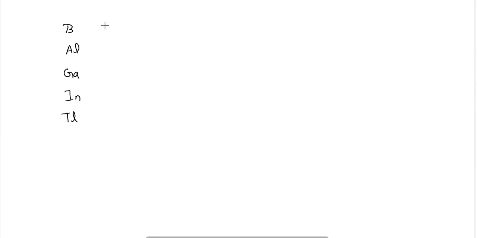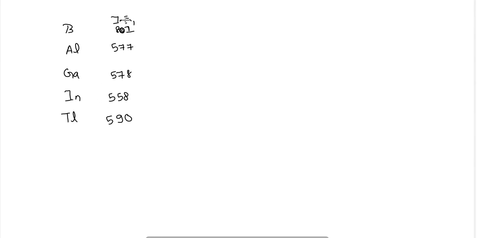In the case of boron, the ionization enthalpy for the first electron, IE1, is 801 kilojoule per mole. For aluminium, it is 577 kilojoule per mole. For gallium, it is 578. For indium, it is 588. For thallium, it is 590.